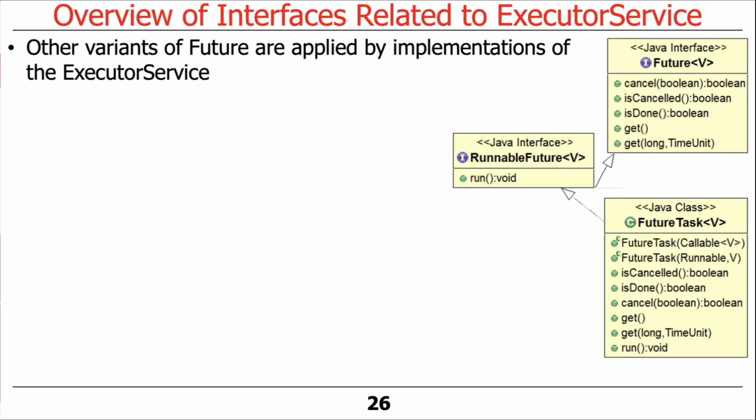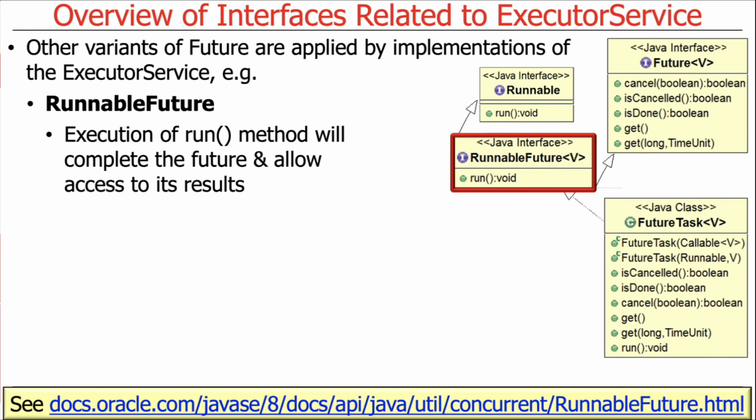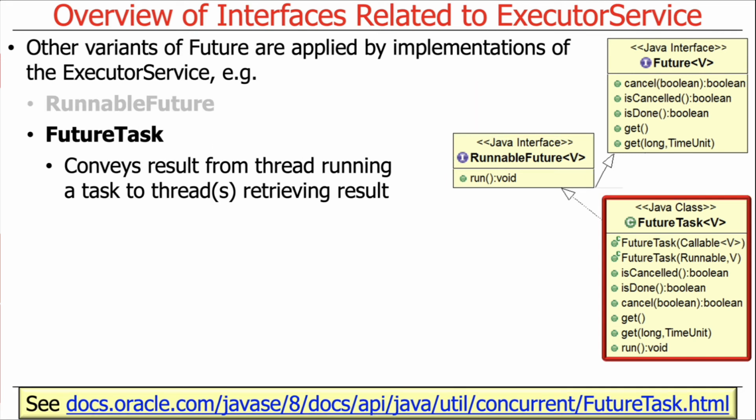There are other variants of futures that are implemented by the ExecutorService. For example, there's something called a RunnableFuture, which extends Runnable and Future. So it's a RunnableFuture. We'll talk about that later. There's also something called a FutureTask, which is a really cool class that conveys the results from a thread running a task to threads that are retrieving the results.